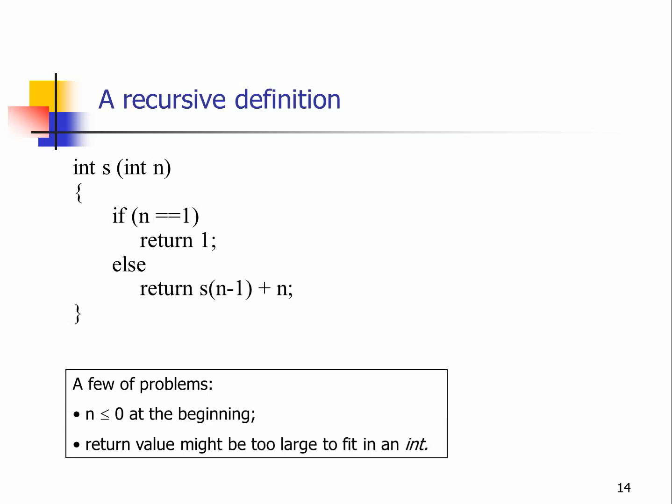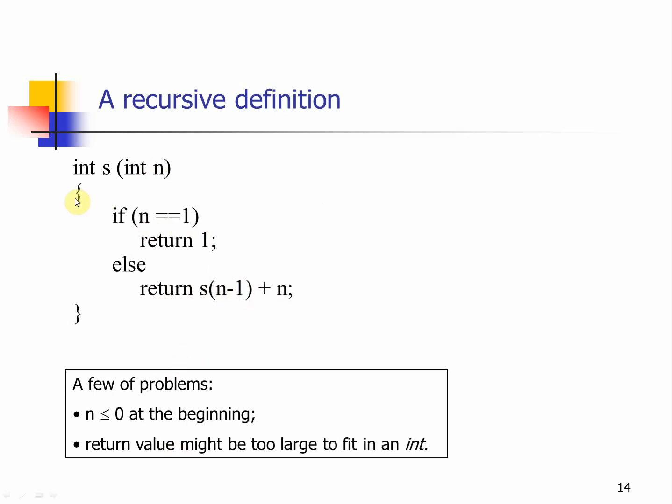First of all, in this code we assume the parameter will be provided as a positive value. What if n is given as -1? This recursion will never end because you will keep calling yourself and you will never hit n equals 1, and therefore it will end up with an infinite recursion.